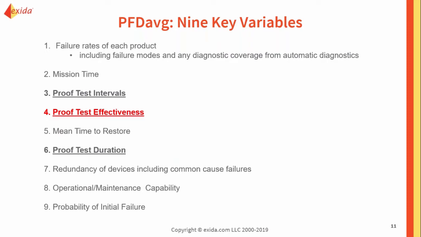Of its 9 key variables, there are 3 variables that deal with proof tests. One being the proof test duration, another being how often they're done, and then mostly how effective your proof tests are.